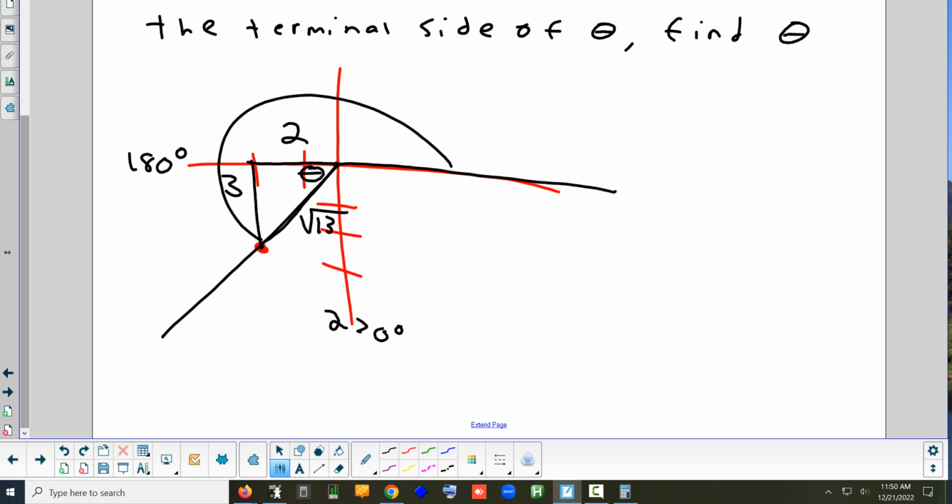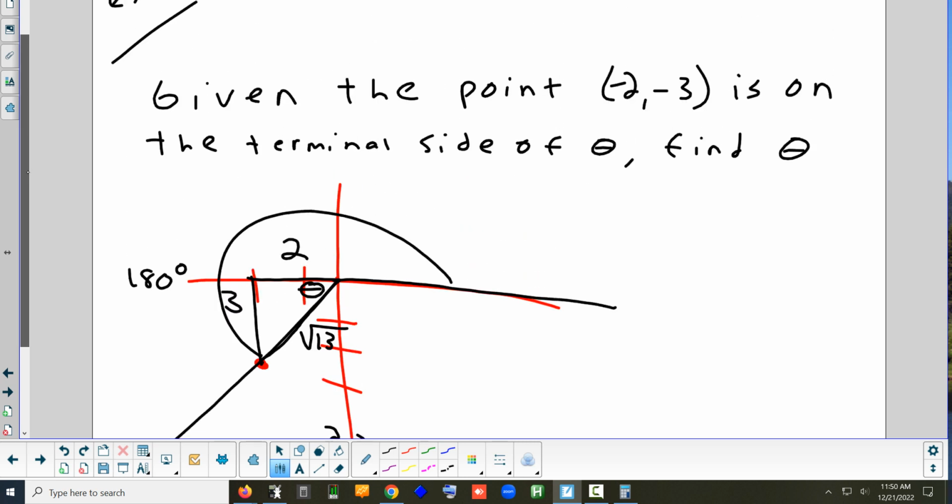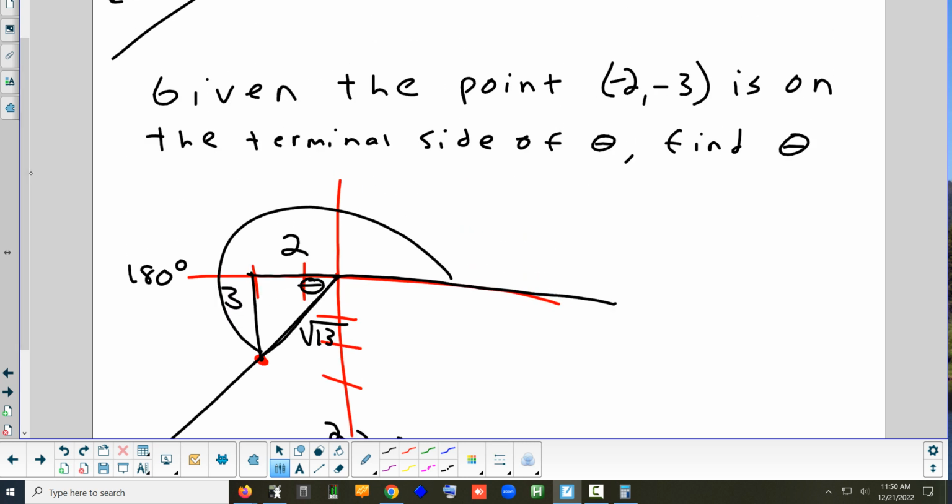So I usually use theta to represent my reference angle. Did they say to already use theta for something else in this problem? Oh, they did. Okay. I don't know then. I'll just call it alpha. Because when they say find theta, they already use that letter to represent this big angle. So pick a different one.